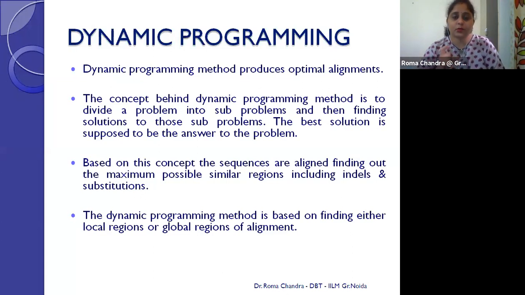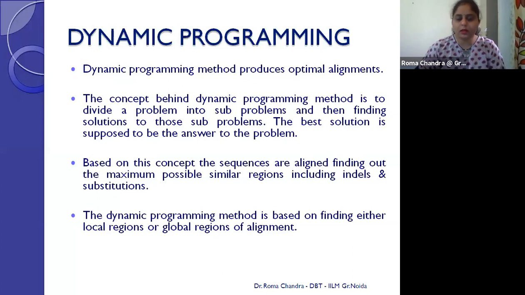In dynamic programming, although we'll include both the global type and the local type, our main purpose will be searching out these similar regions, trying to include both the indels and substitutions. So we are including these mutations, the insertions, deletions, as well as the substitutions.